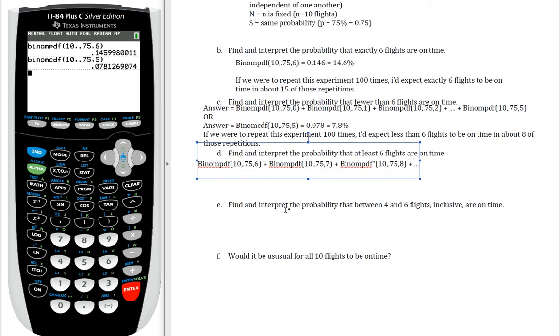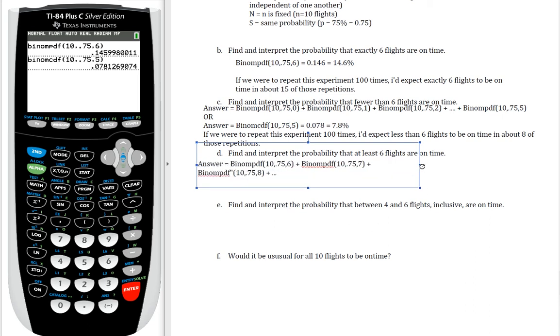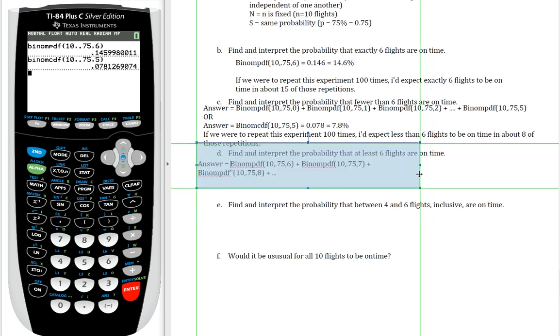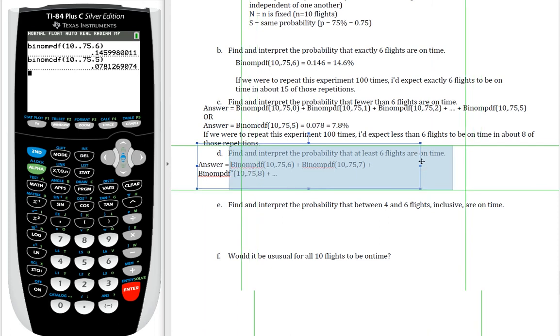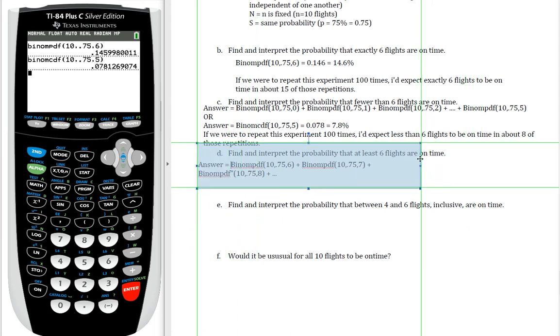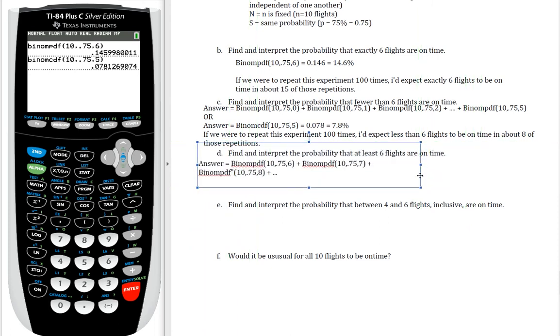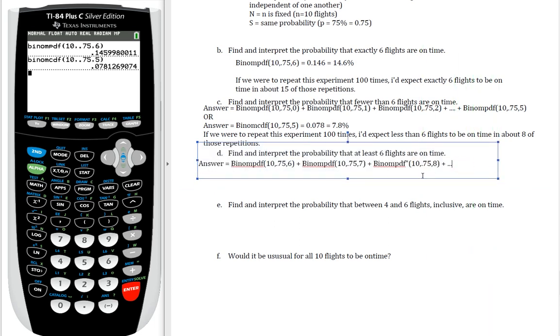Or, as you may expect, there's going to be a faster way of finding this answer. Instead of doing each of these individually, what we could alternatively do is do it all at once and be a little bit more sneaky about it.